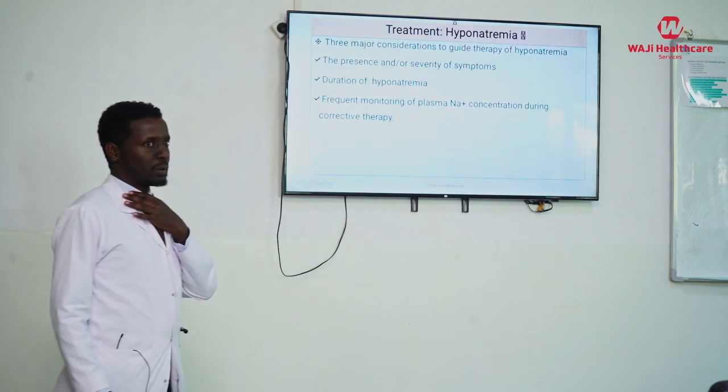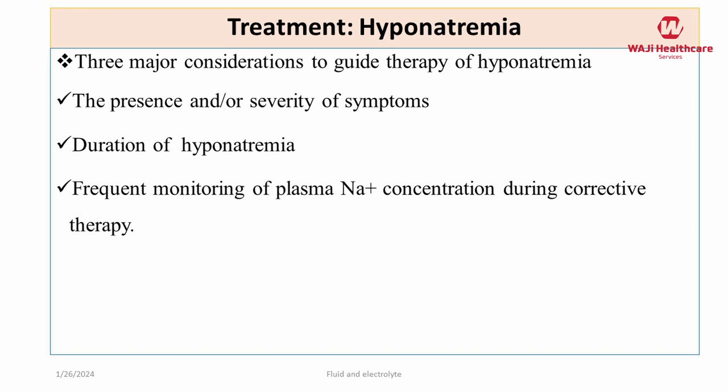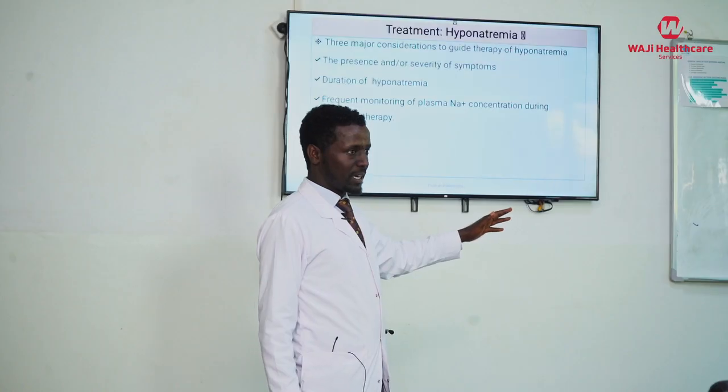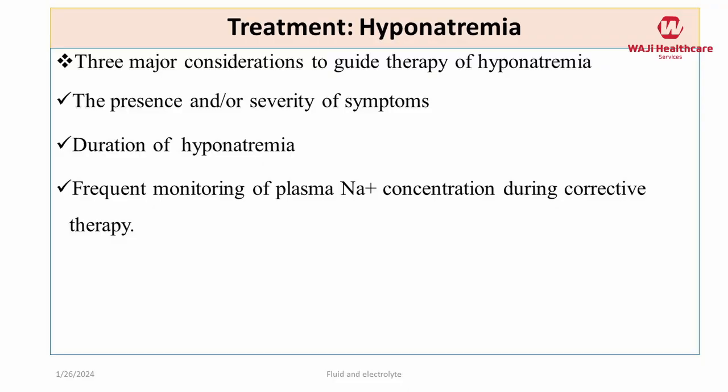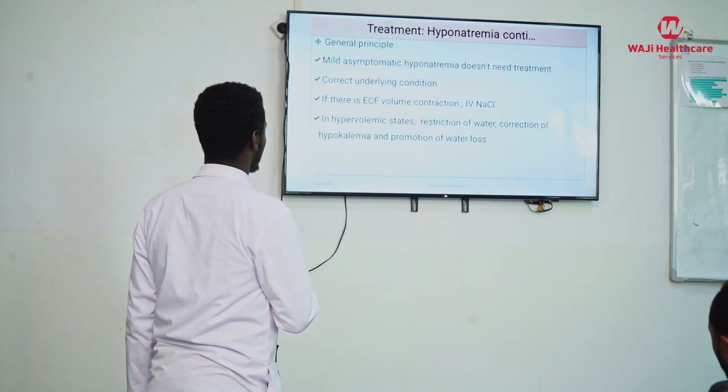So, the treatment. We will come to the treatment of hyponatremia. Treatment usually depends on the presence and severity of symptoms, and the duration of hyponatremia, whether acute or chronic, as we said before. Usually monitoring is needed because there is a risk with rapid correction, which will lead to osmotic demyelinating syndrome. So that's a very important thing.